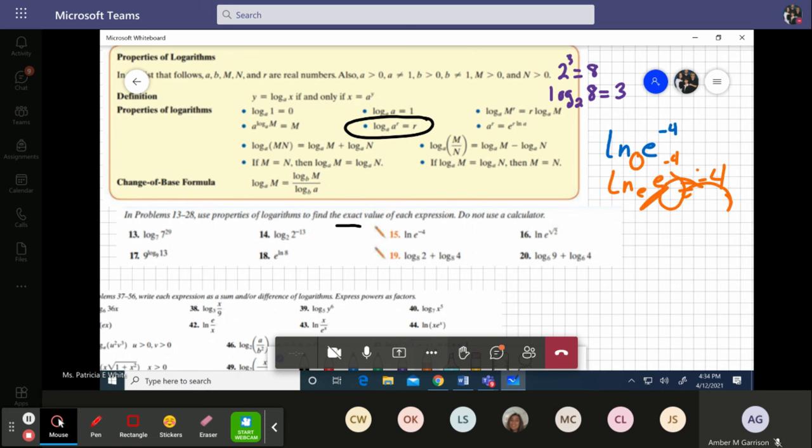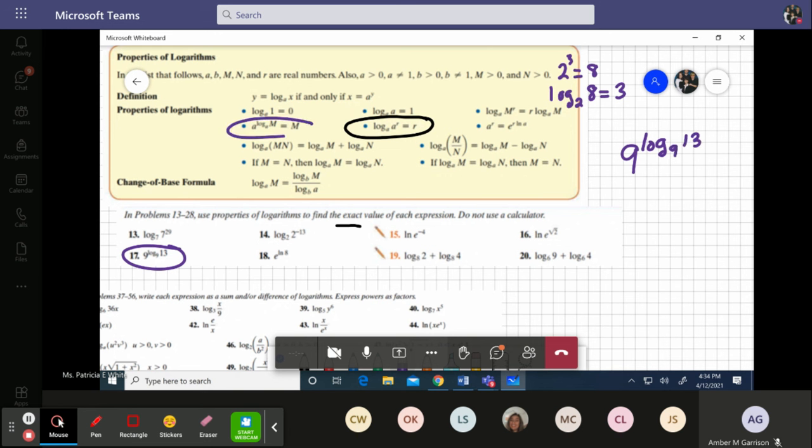All right, looking at, this is not my board at school. I can't do that. If I look at 17, I have 9 to the log base 9 of 13. This time, we're looking at this.